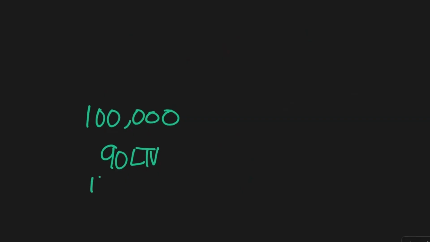Now let's do an example this way. Let's say the purchase price is $100,000 and the lender says they will do a 90 LTV. The question is, how much is the loan amount? Forgive my writing.